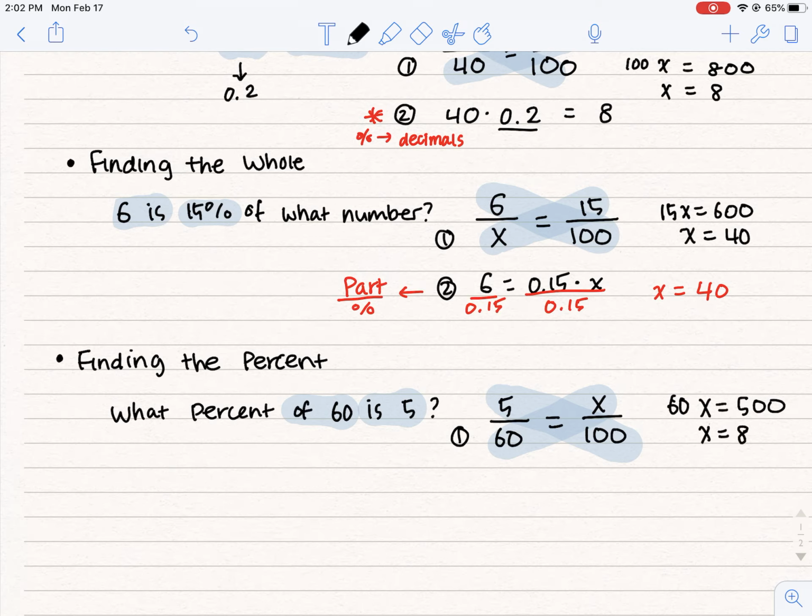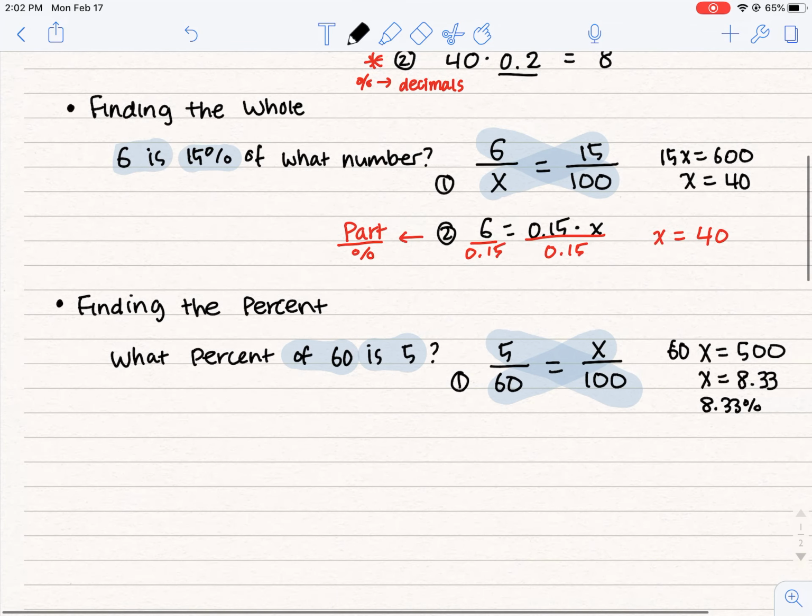So it's going to be 8.3 repeating, so I'm just going to put 8.33. So what percent? 8.33%. That's it.